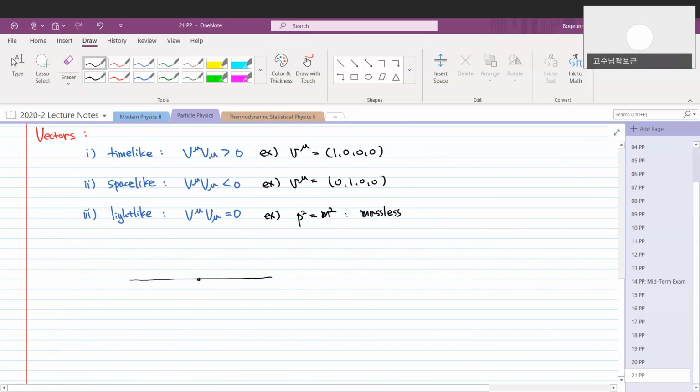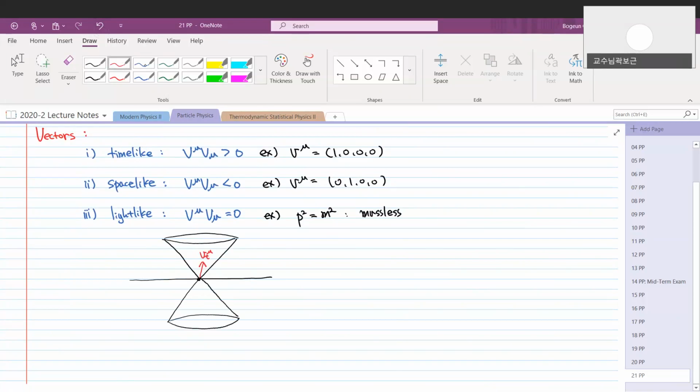So this is the origin. The light cone and the time-like vector, a vector like this. You simply write down time-like, and space-like, a vector like this.